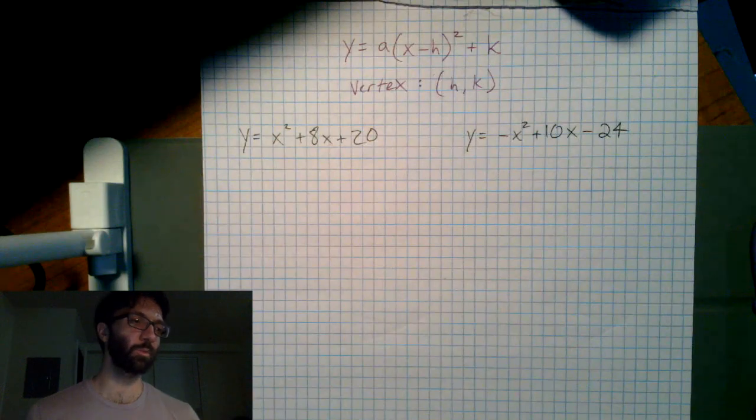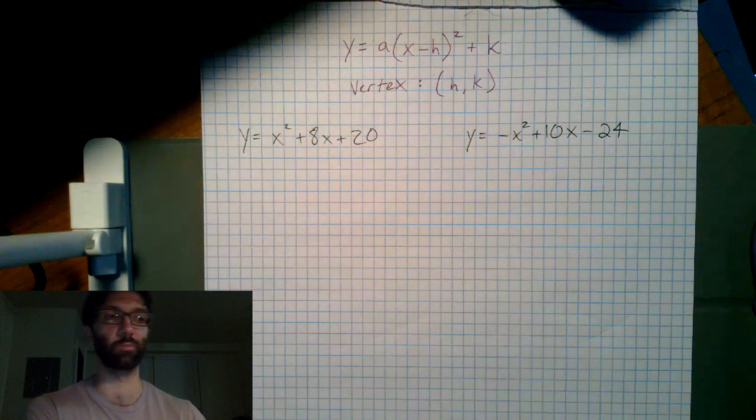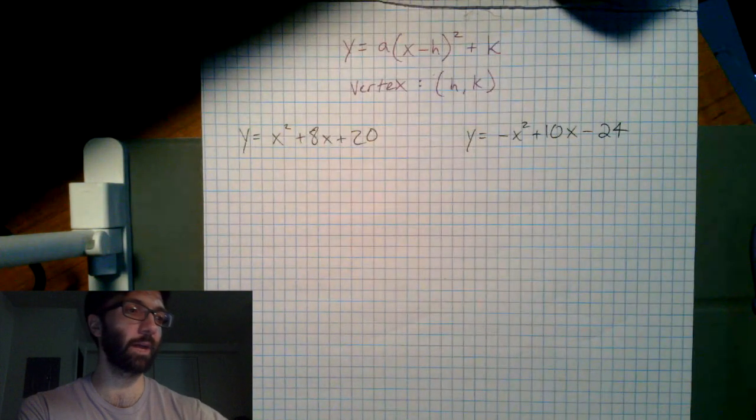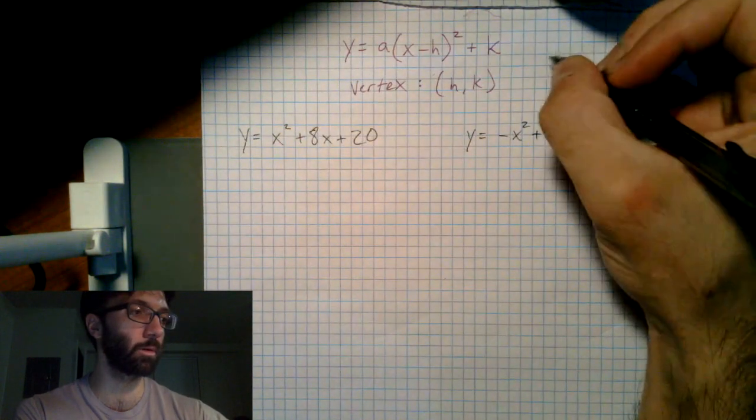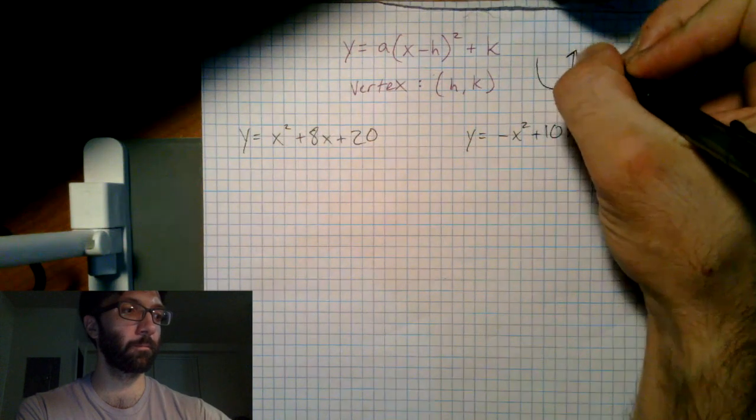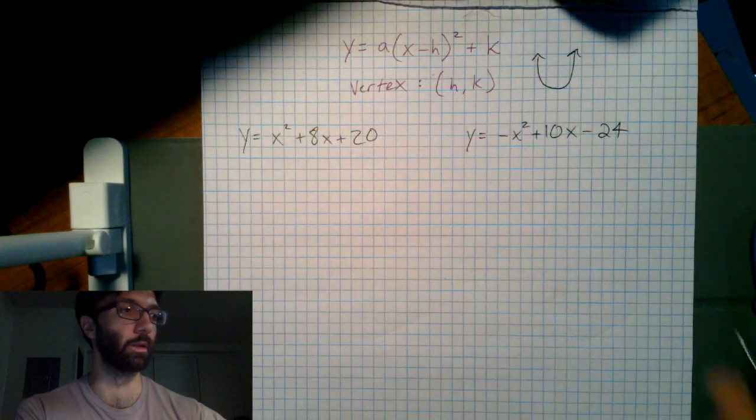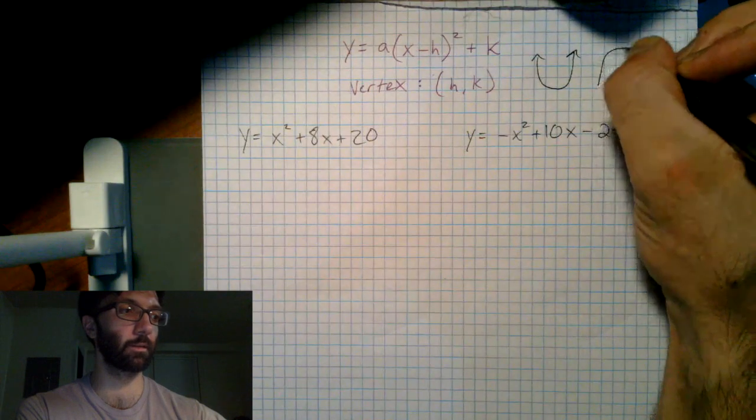Okay, so just remember that quadratic functions, when graphed, take the shapes of parabolas. And parabolas can either open upwards like this, or they can open downwards like this.